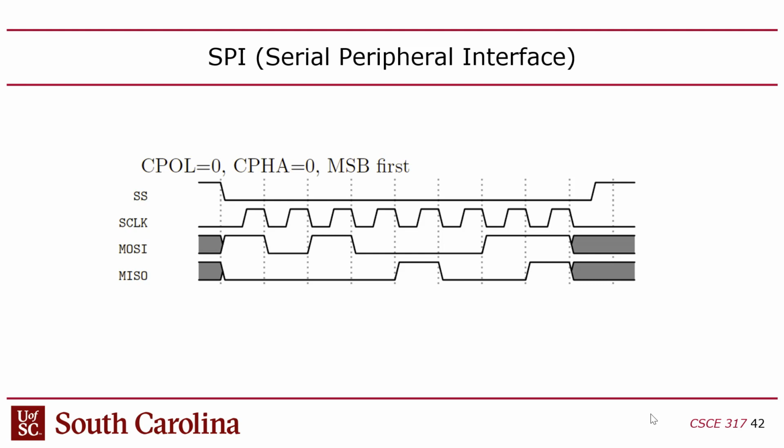The slave select drops, and then there's a half a clock cycle delay. That's what tells you that the phase is 0. If the phase had been 1, then the clock and the slave select would have changed at the same time.